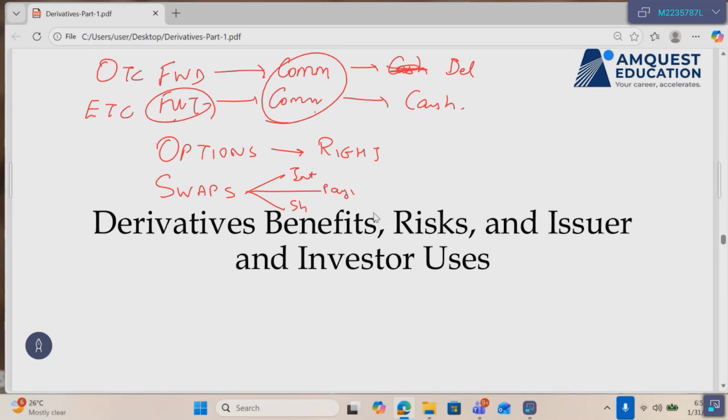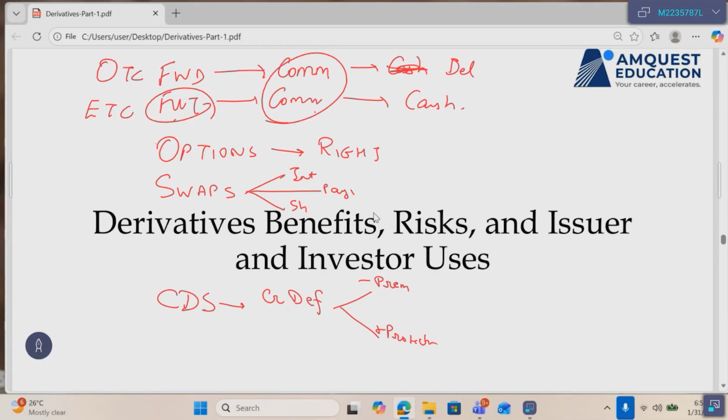And in the end, we did CDS. We're looking at credit default, right? Where you're paying a premium and you're receiving protection against credit default. So we have covered these five types of derivative contracts in detail.